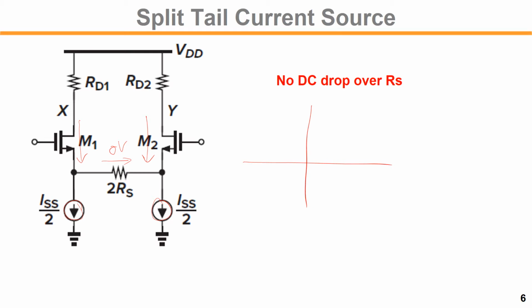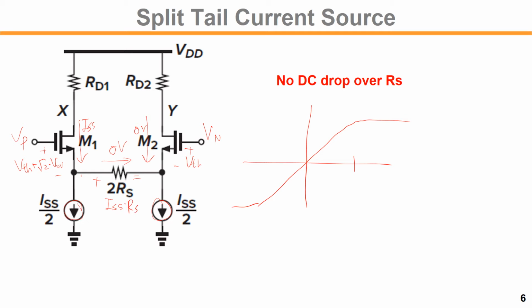In that case, what would the maximum input range be? You can assume that all the current flows onto one side, with Vp and Vn: zero current on the right and ISS on the left. That would give us a VTH drop, here VTH plus square root 2 times Vovedrive, and here a voltage drop of ISS times RS.